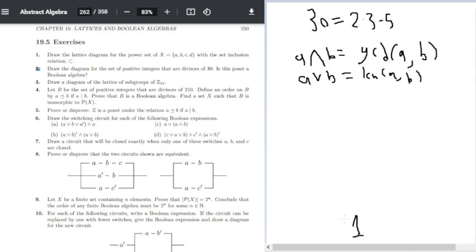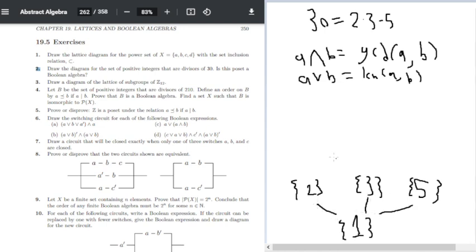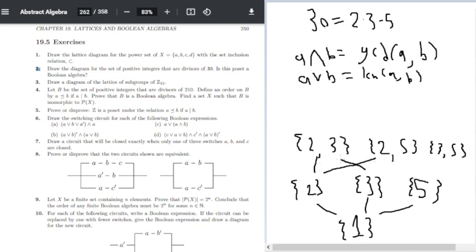So we have the empty set for 1, the set {2}, {3}, {5}, then {2, 3}, {2, 5}, {3, 5}, and then {2, 3, 5}. That's fairly nice.